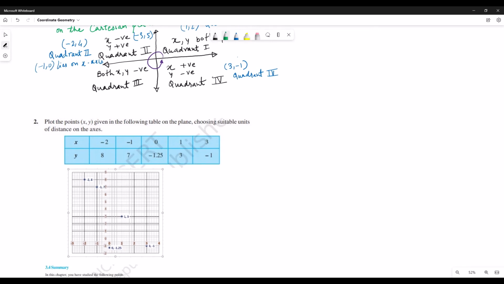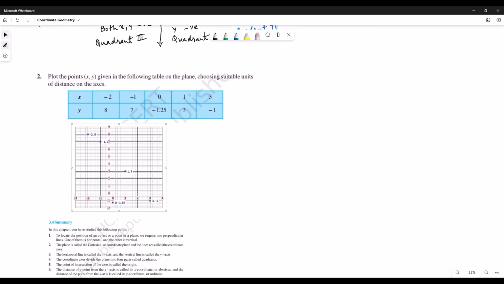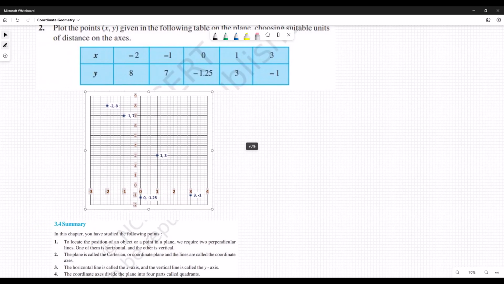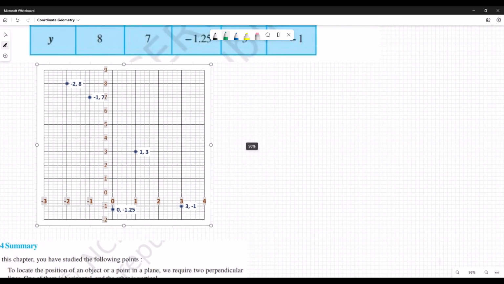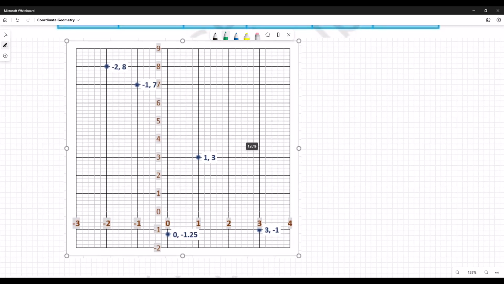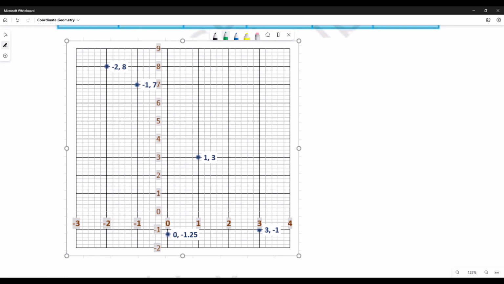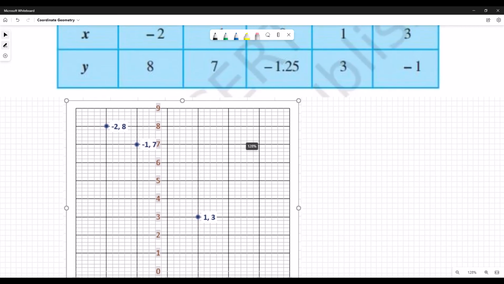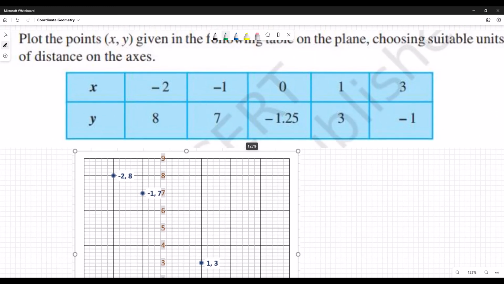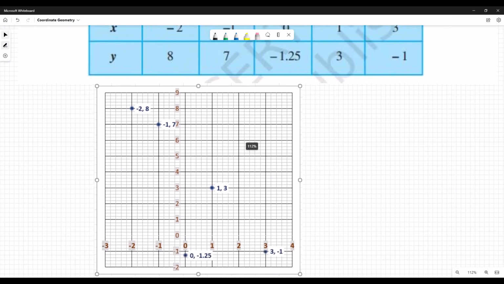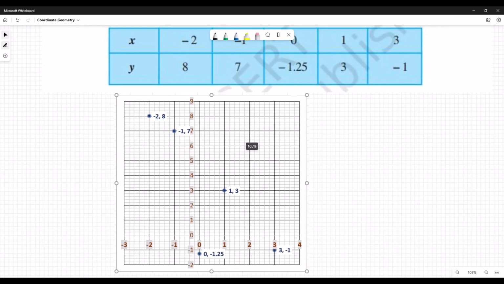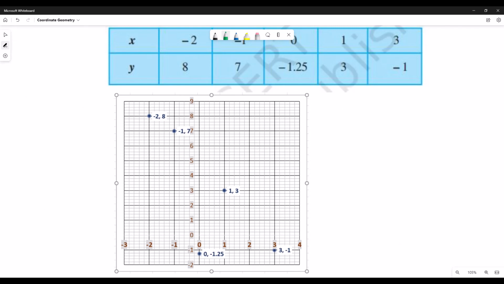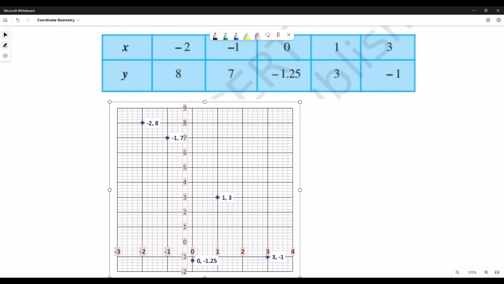Plot the points x, y in the given table in the plane, choosing suitable units. So you have to use graph paper to plot it, or you can make yourself some unit. You can take a unit dimension and make a graph and plot these points. I have taken help of Excel to plot all these points. So x, y, that is minus 2, 8.